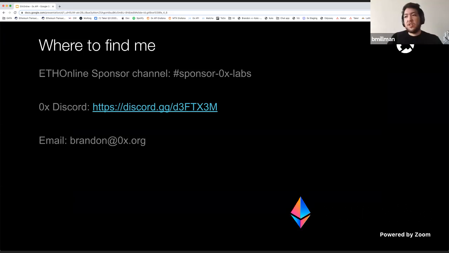Yeah, that's a good question. So this API is definitely geared specifically towards ERC20 trading. In terms of NFT support, I think this specific API is not going to help you out. But 0x protocol as a whole is compatible with NFTs.